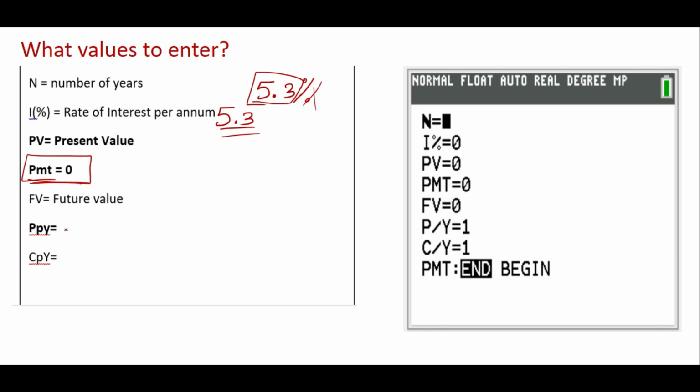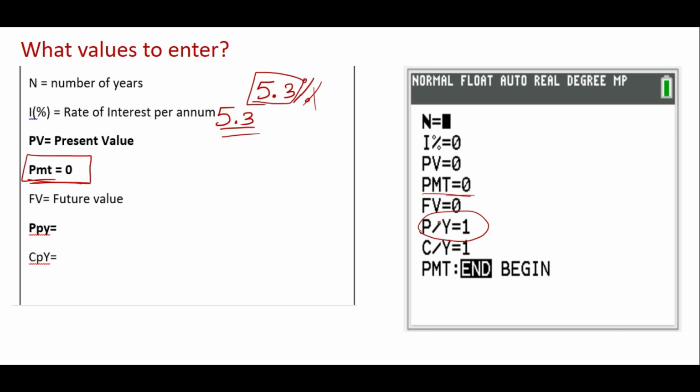Now P/Y, it just means the number of payments you have per year. Again, we are not going to make any payment. We said the payments are 0, but still, as a logic, we can say the amount that you're going to invest into the bank is just one single payment that you put in to get the interest.